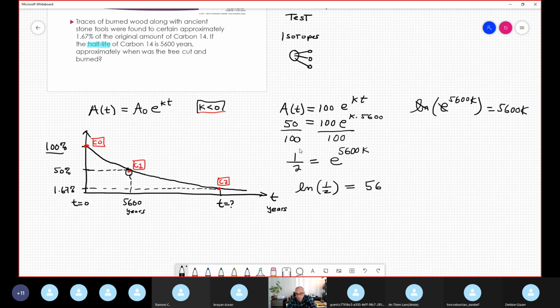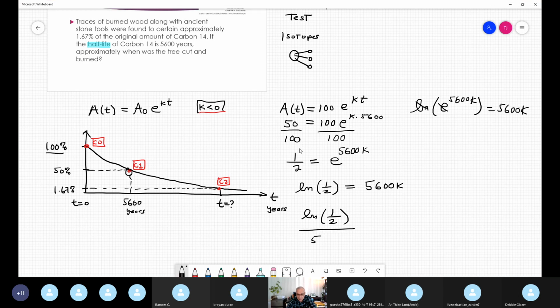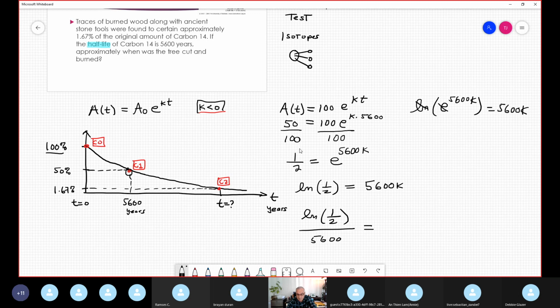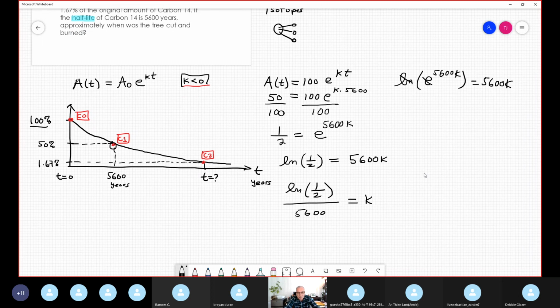It's a universal idea. Finally, K is the natural logarithm of 1/2 divided by 5,600. This is my K. I expect a negative and very small value. But it's not important for me because I put it in the memory of the calculator.